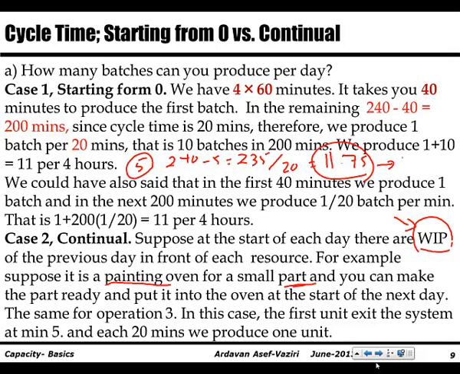Therefore, the total production is 12.75. I gave this second example just to see the difference between the situation where we have inventory in front of each operation at the beginning of the next period and the situation where we should start from scratch.